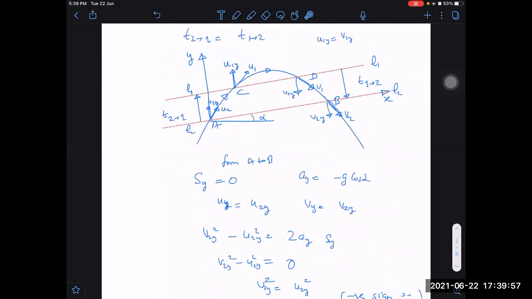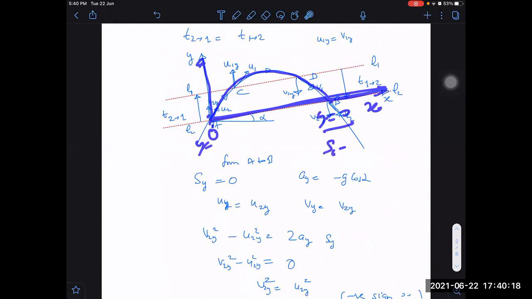I told you the average speed is the same because if I apply the equation along the y-axis, then I know when the particle goes from A to B, the displacement along the y-axis will be 0. Why? If I take A as origin and this as our x-axis, then y equals 0 here and y equals 0 here.